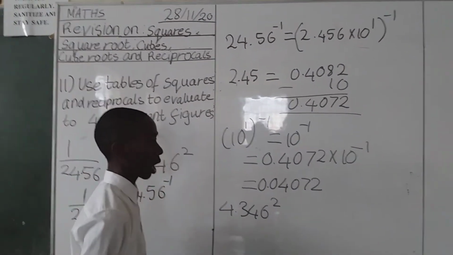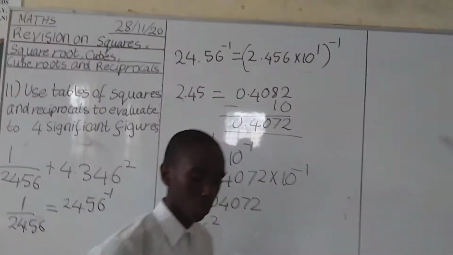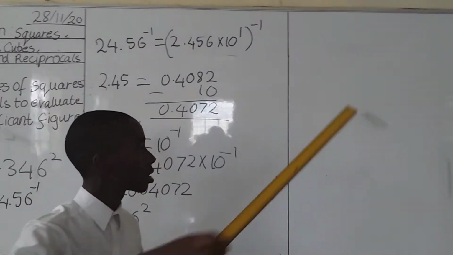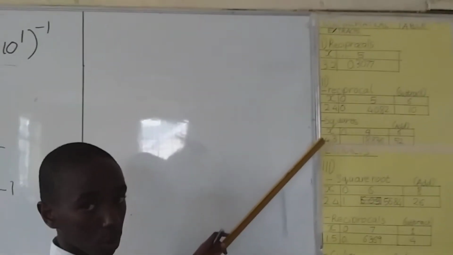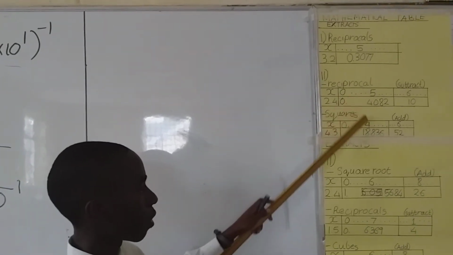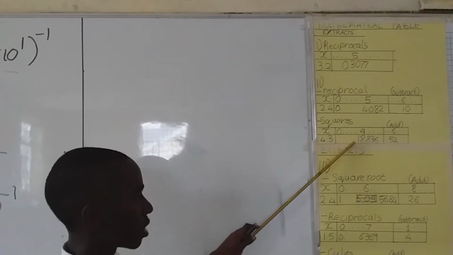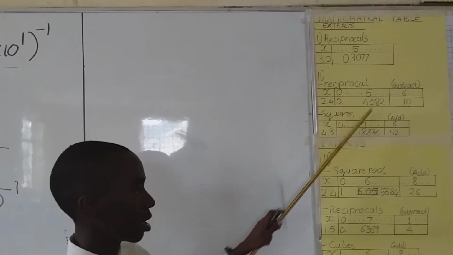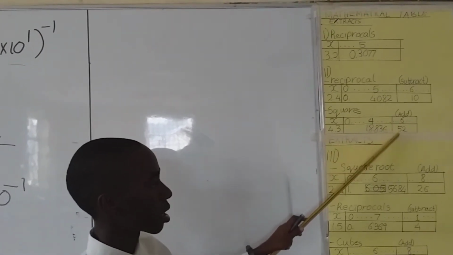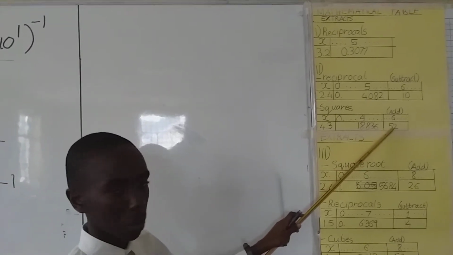So we'll go to our table of squares from our mathematical tables. As you can see, we read off 4.3 from the column of x and 4 from the main column. We get that the square is 18.836. Remember we had another significant figure, 6, which is in the add column. We have add 52.